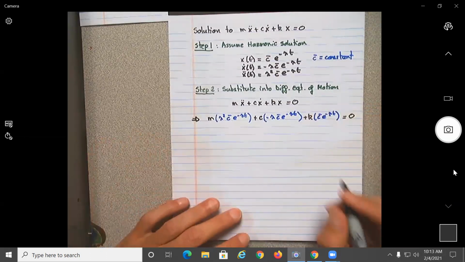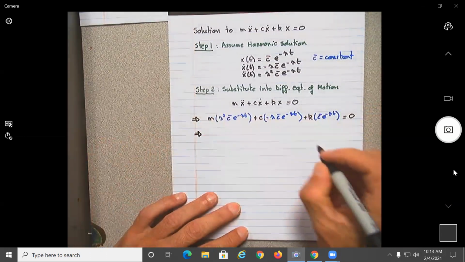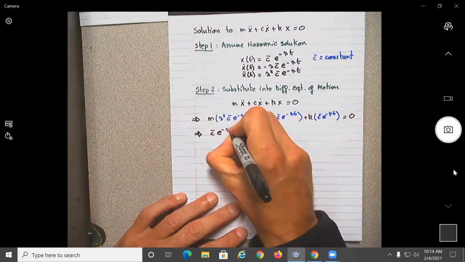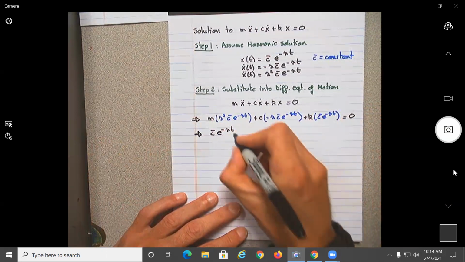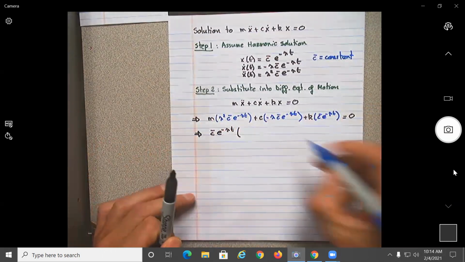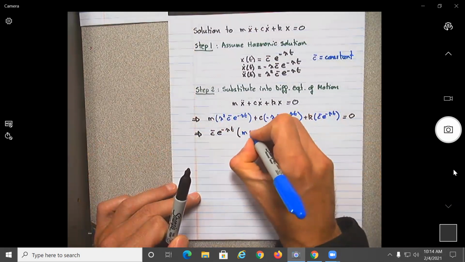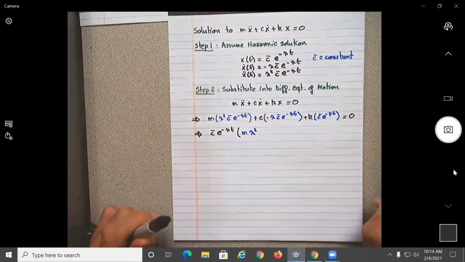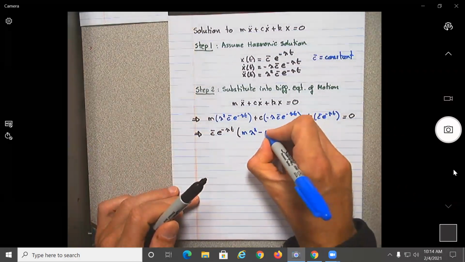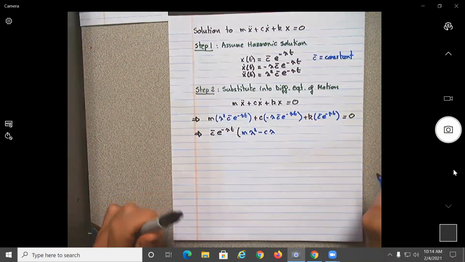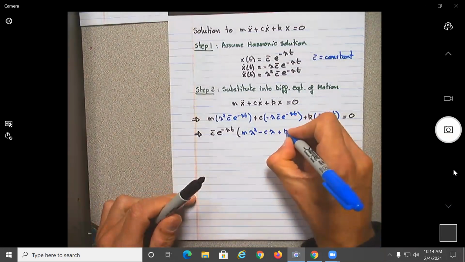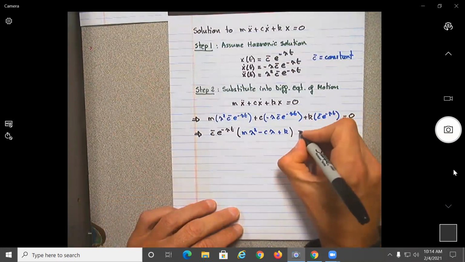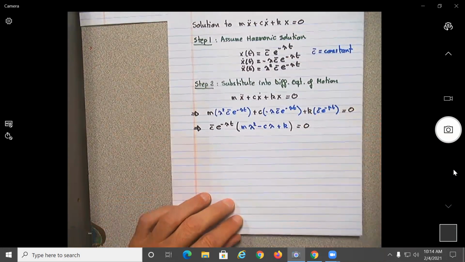Okay, we can factor out the C bar exponential of minus lambda t. So we're going to have over here m lambda squared minus c lambda plus k equal to 0.